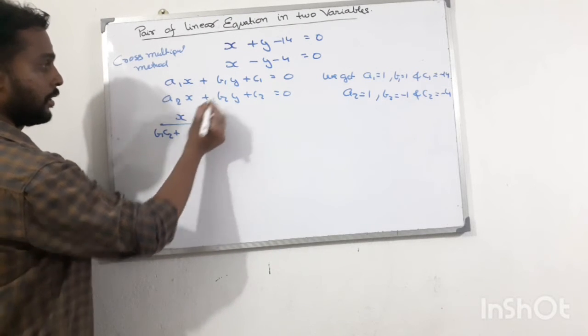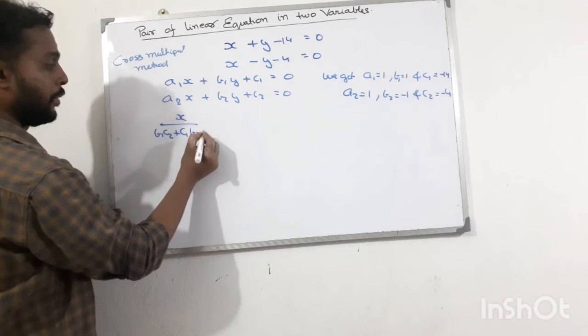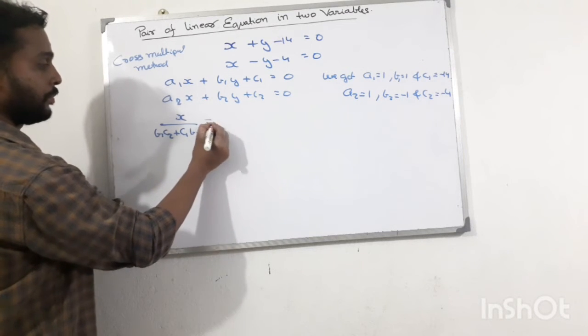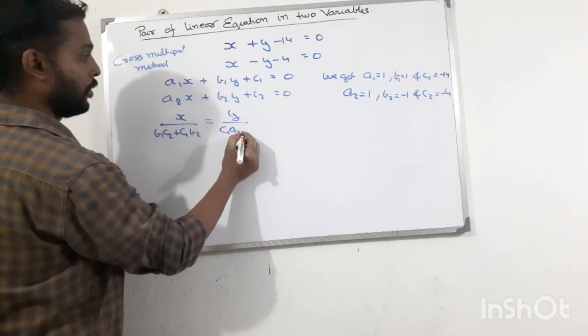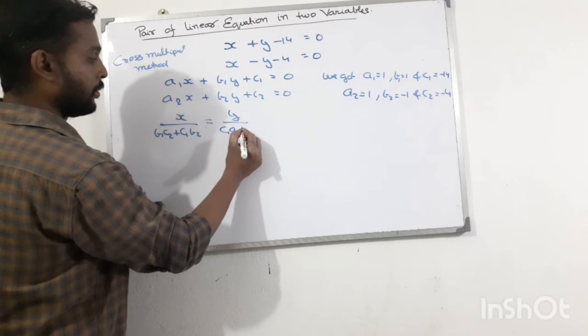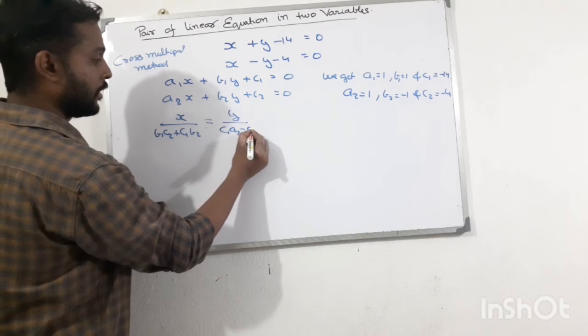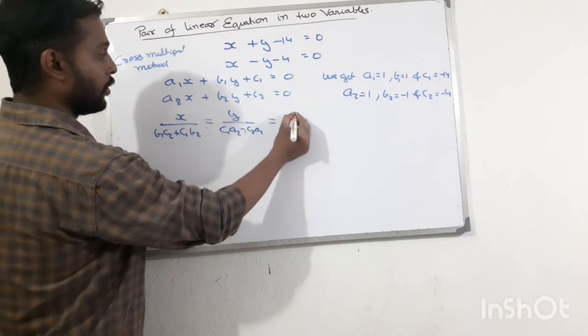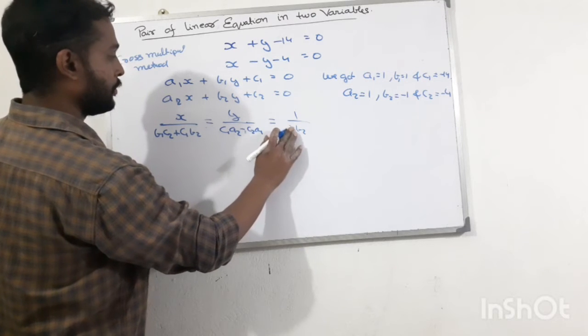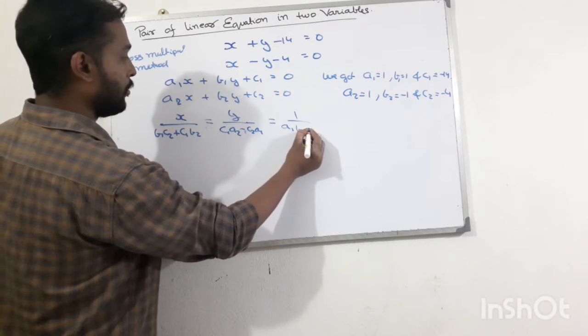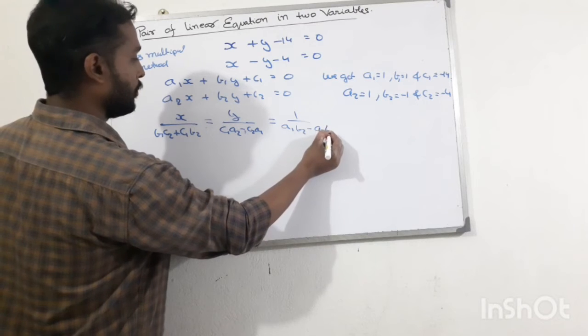So by simply putting these values in the formula, x over b1 c2 minus c1 b2 is equal to y over c1 a2 minus c2 a1 is equal to 1 over a1 b2 minus a2 b1.